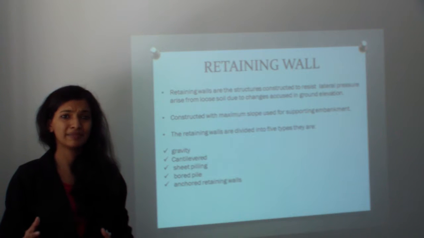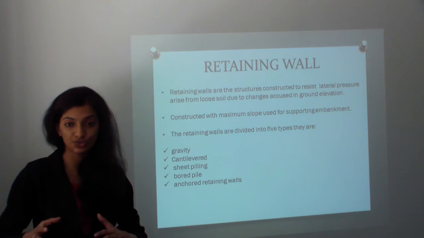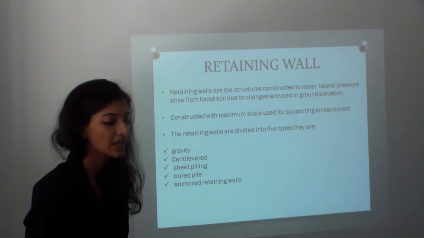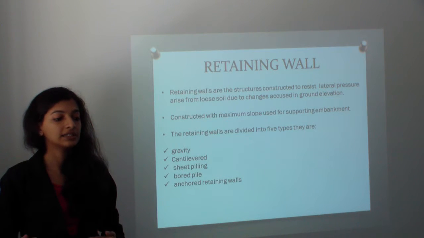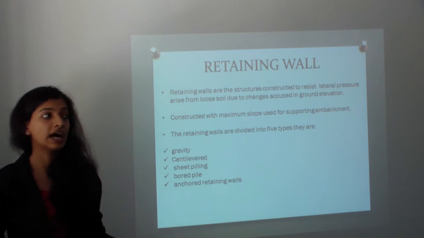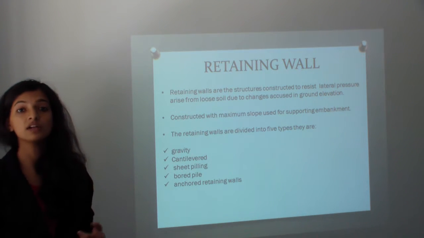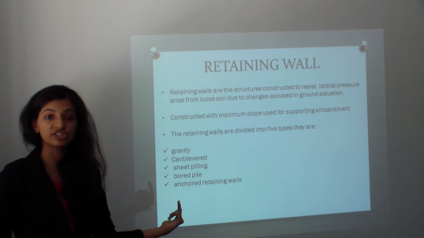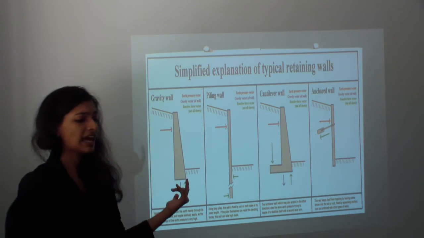They may be used in canals also, and in dams, to control soil erosion and various other changes. And it's constructed with a maximum slope, and there are 5 types. There are gravity retaining wall, cantilever retaining wall, sheet piling retaining wall, bored pile retaining wall, and anchor retaining wall.